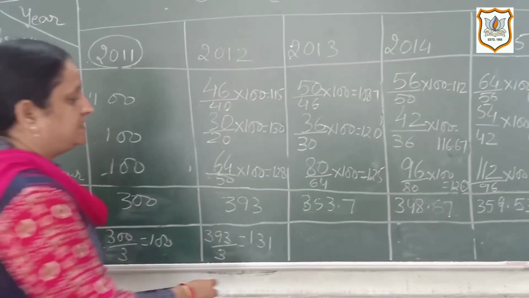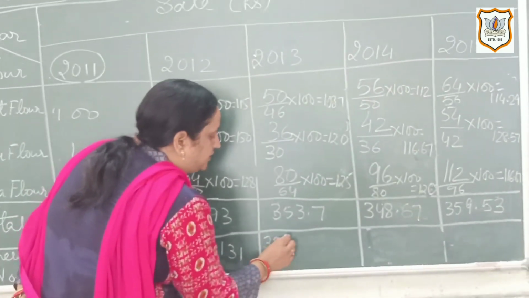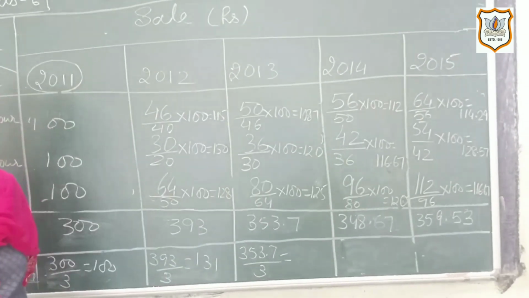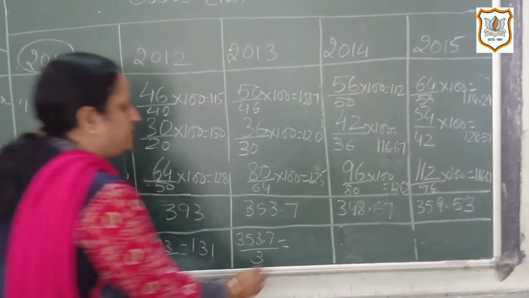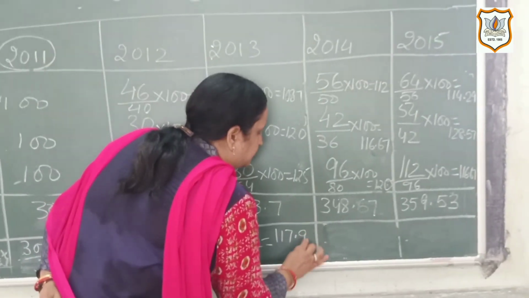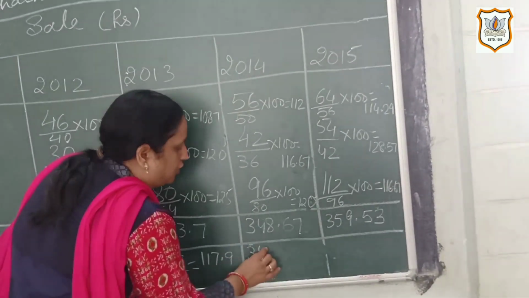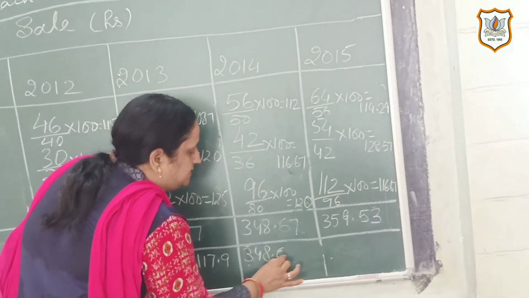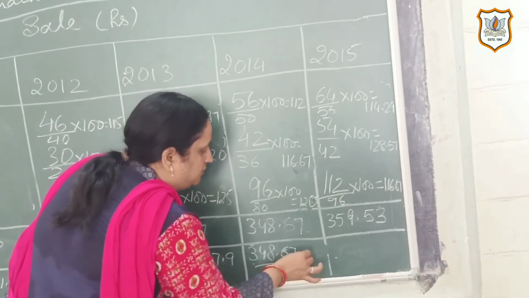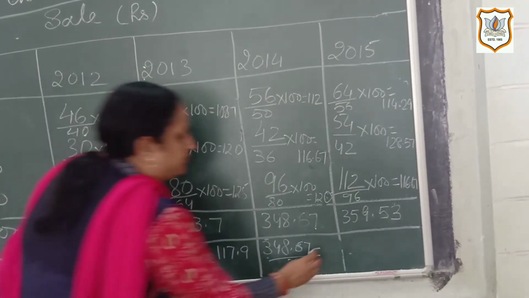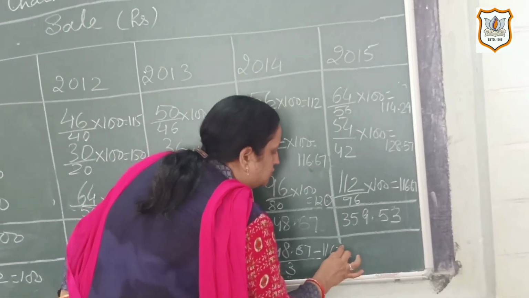The next one is 353.7 divided by 3. When you do, you will get 117.9. The next one will be 348.67 divided by 3. When you divide, you should get the answer 116.27.